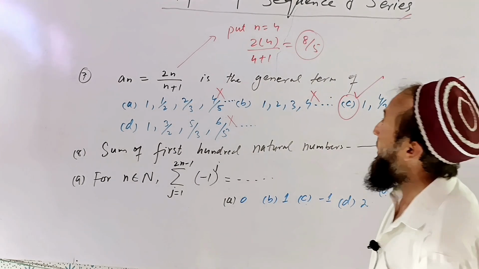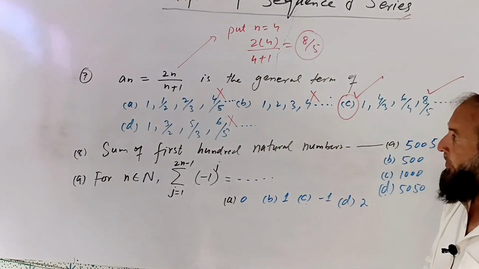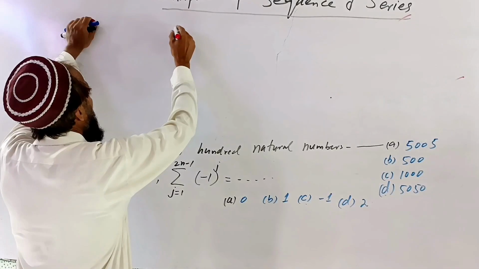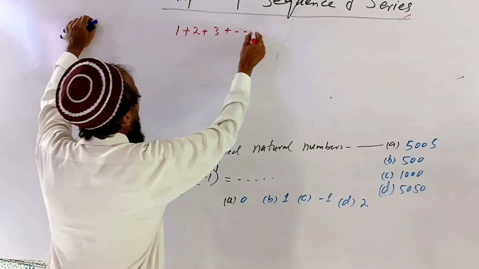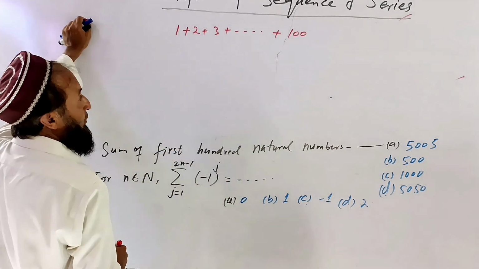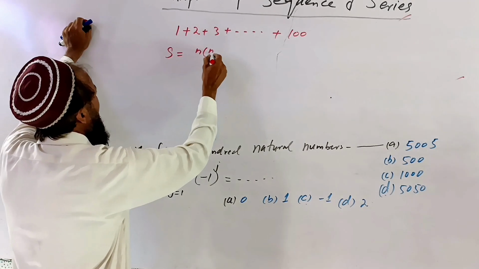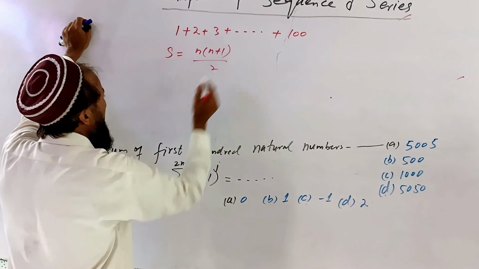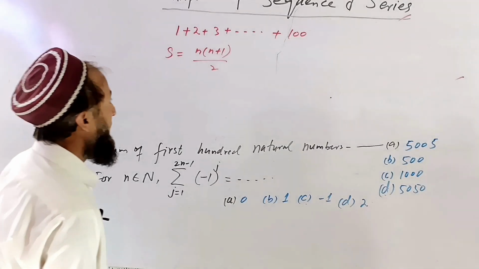How do we calculate? You will guess according to the terms. So we will put n equal to, the sum required is 1 plus 2 plus 3 and so on up to 100. According to the formula, the sum is equal to n into n plus 1 divided by 2. This is the sum of the natural numbers.